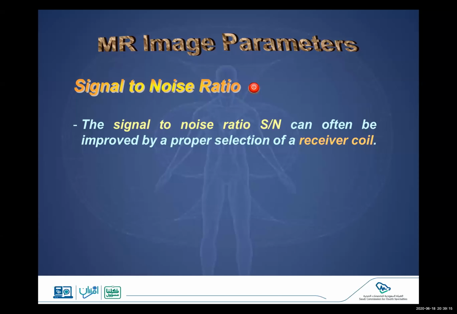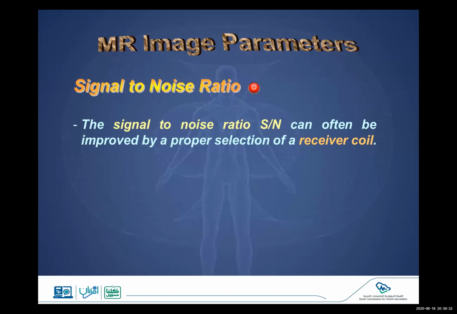So the higher the magnetic field strength, the more magnetization, and that means more signal. Although the noise is almost random and will not change, we will have better signal. So signal to noise ratio at the end will be again better.